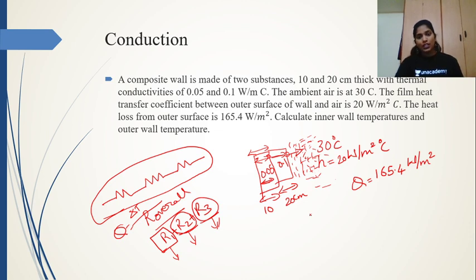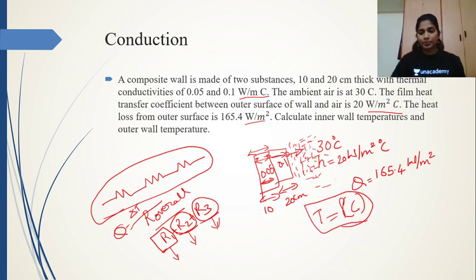Here nothing is mentioned about the units of temperature, but from the given units, we have watts per meter degree centigrade, and watts per meter square degree centigrade, so we can guess that you should select an option which is in degree centigrade.